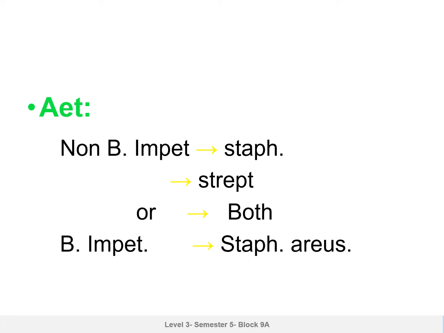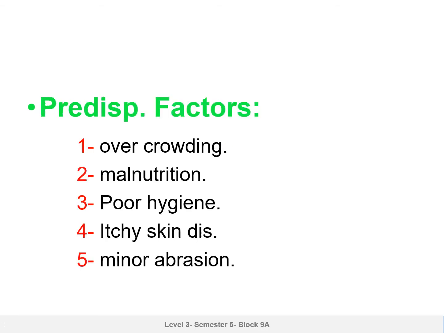Bullous impetigo is produced by Staph aureus, and non-bullous impetigo is produced by staph or strep or by both organisms. The predisposing factors for impetigo include overcrowding, malnutrition, poor hygiene, itchy skin diseases like atopic dermatitis, or minor abrasions.